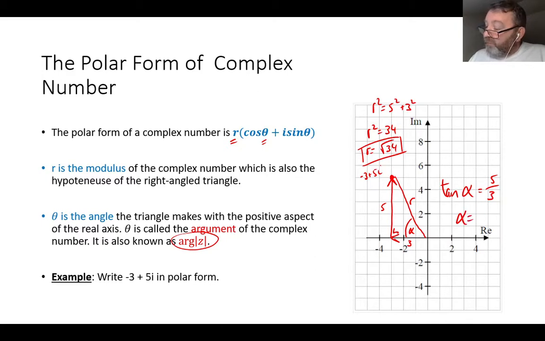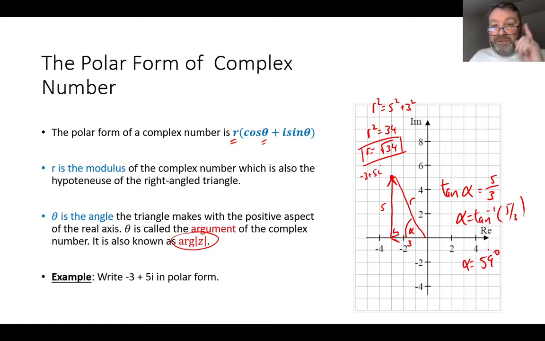So alpha, therefore, if I want to get rid of tan, I shift tan. So it's tan minus 1, 5 over 3. And your trusty calculator will tell you that shift tan of 5 over 3 becomes 59 degrees. So alpha is equal to 59 degrees.